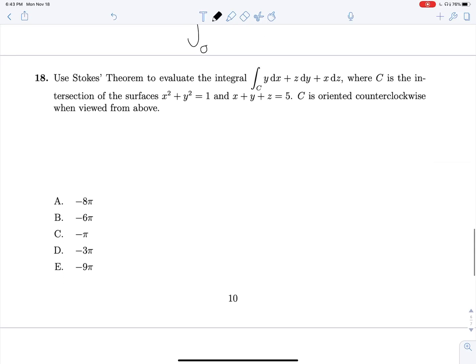And finally, using Stokes' Theorem to evaluate this integral where C is the intersection of, again, a cylinder and a plane. And we know that the normal vector to this plane will be 1, 1, 1. And we see that C is oriented counterclockwise when viewed from above, which is good.